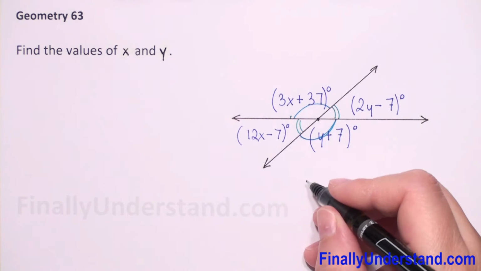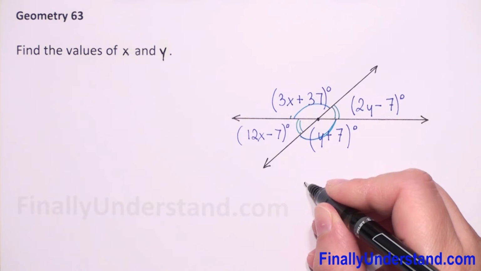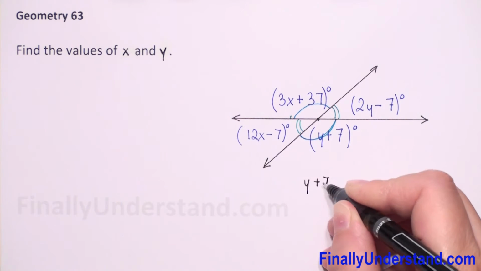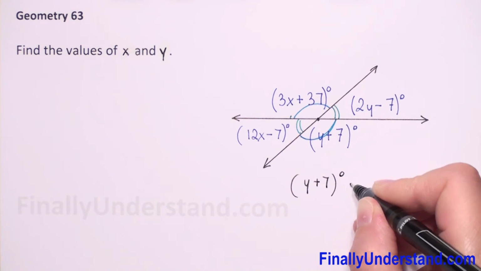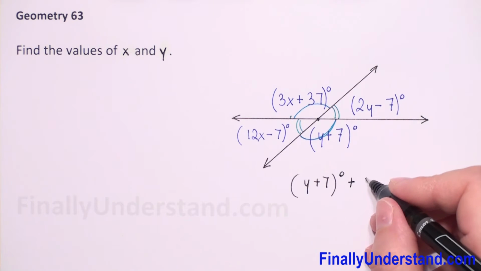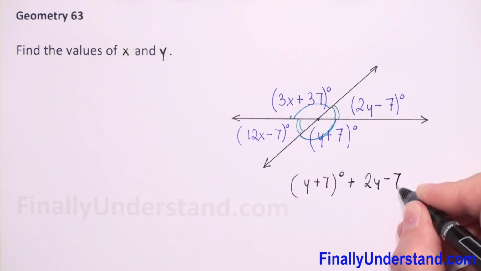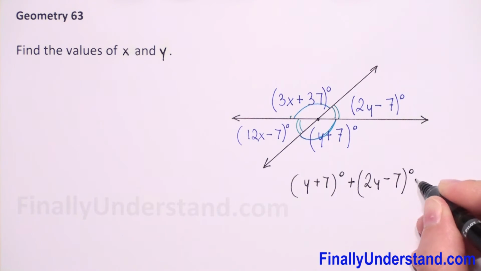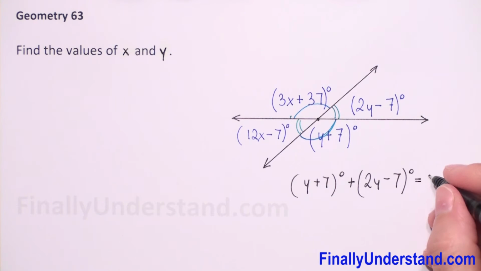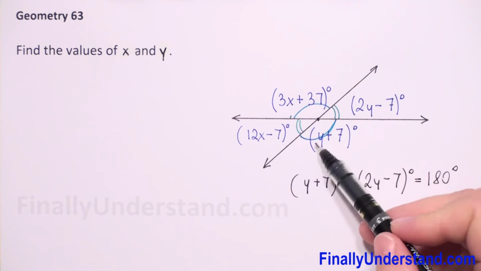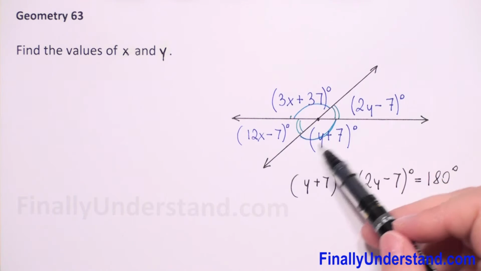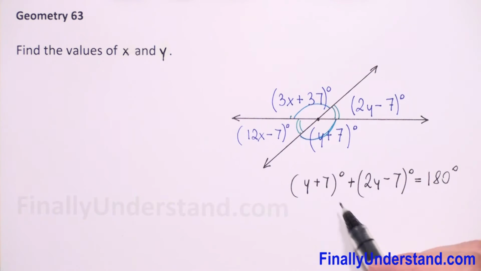So we have the equation y plus 7 degrees plus 2y minus 7 degrees is equal to 180 degrees, because these two angles are supplementary. So we have an equation with one unknown.